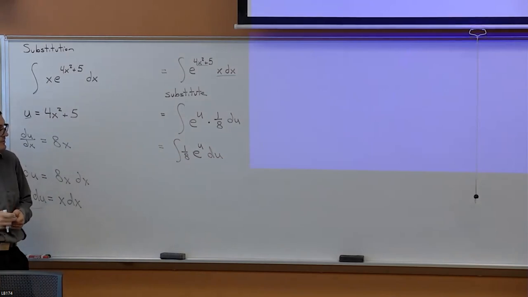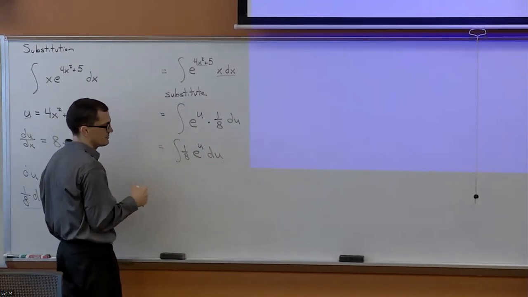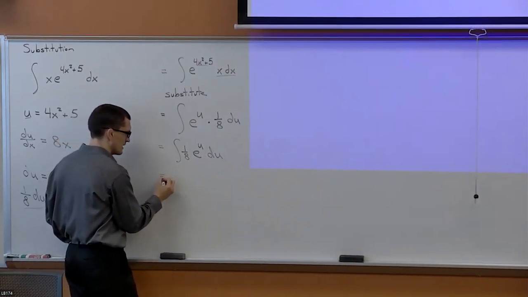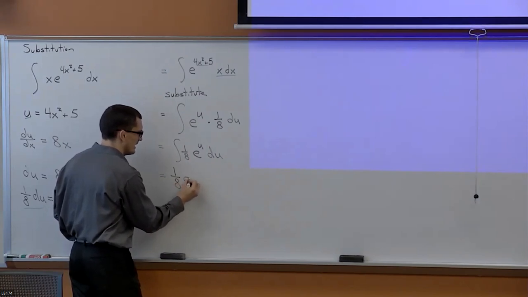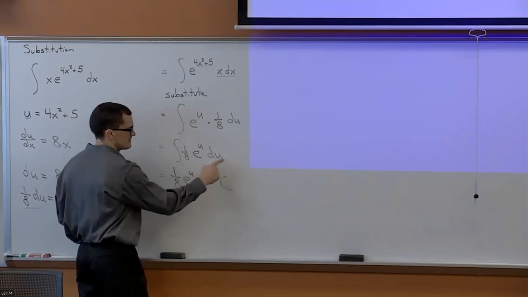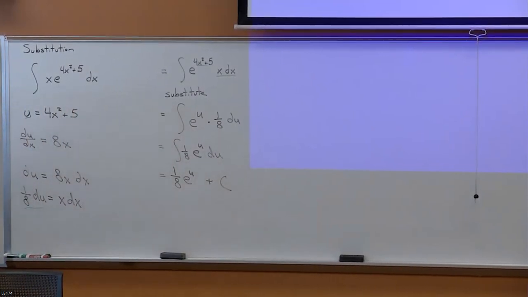Integrating e to the u with respect to u, remember, e to a variable integrated with respect to that variable just gives you e to the variable. It's a very nice function. So I get 1/8 e to the u. The du has been eliminated through integration, and now I just have to add on a plus c.